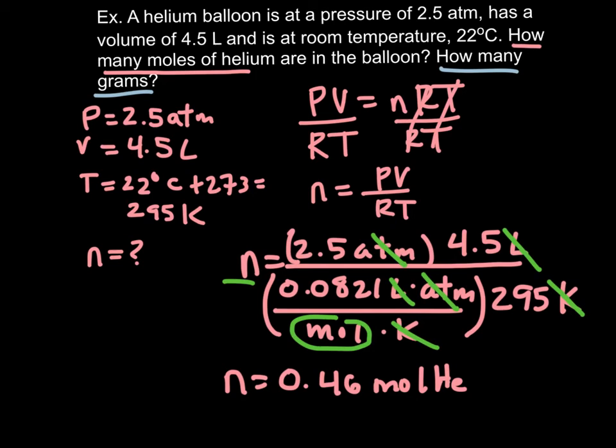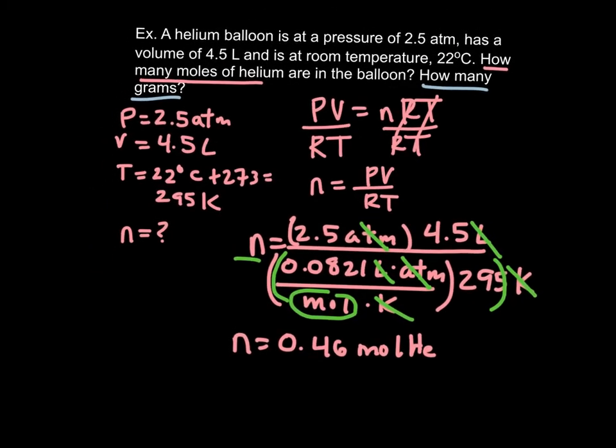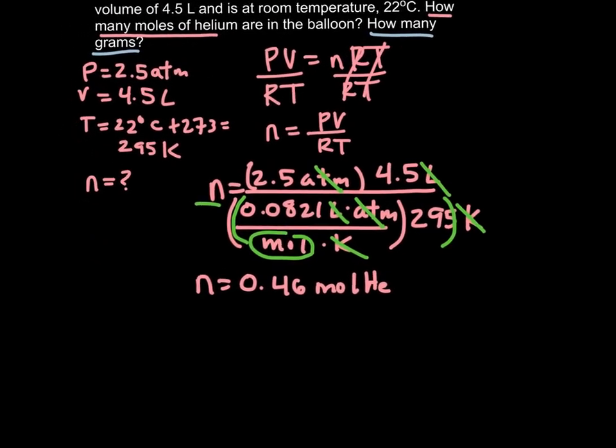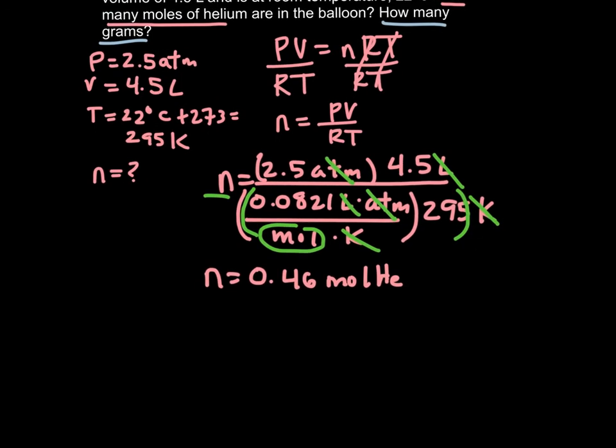You need to wrap up, mathematically speaking, the 0.0821 and the 295 because they're in the denominator. If you don't do that, you will go out of order of operations. Okay, the last thing we need to do, now I'm making the whole thing smaller, sorry, is convert to grams. The problem asked us for grams. So, just a recap from our unit with the mole and stoichiometry, getting us some practice and getting us ready for the final in a few weeks.